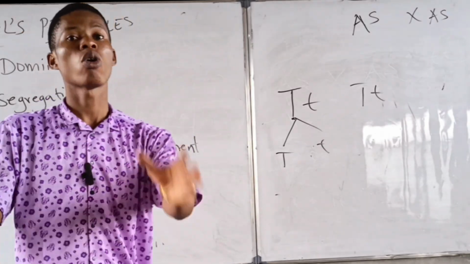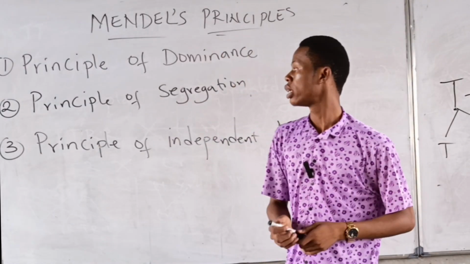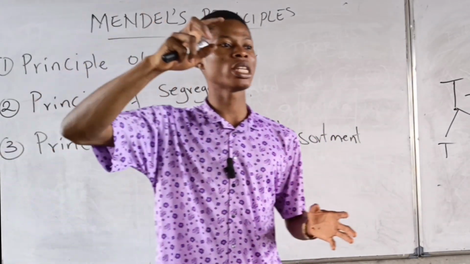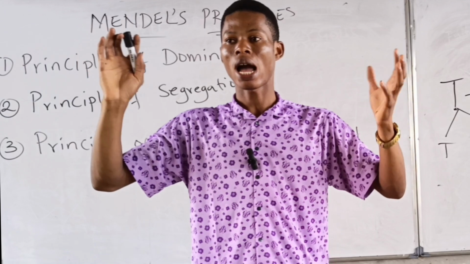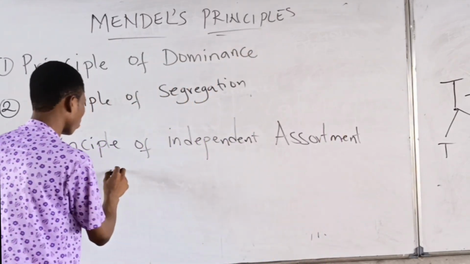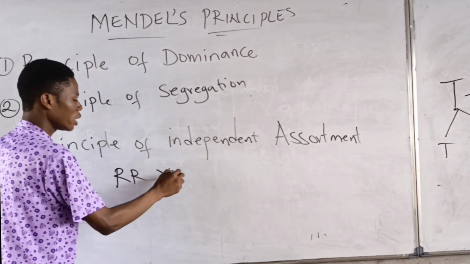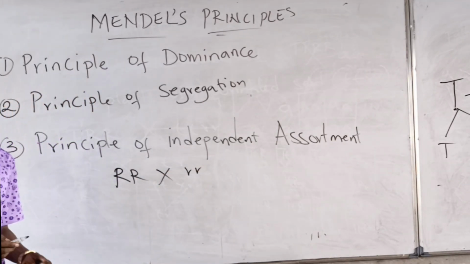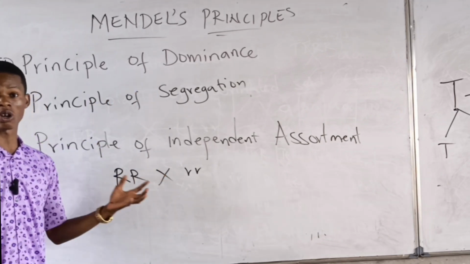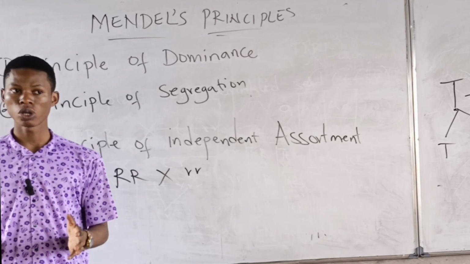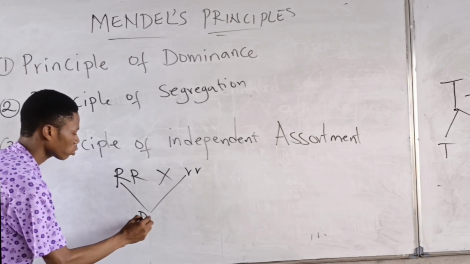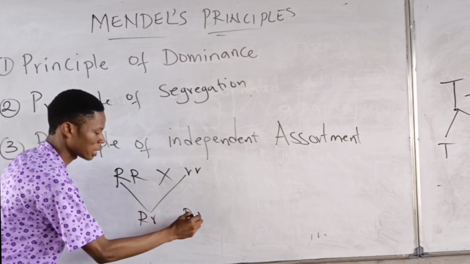Any questions so far? Now, the next thing we'll talk about is incomplete dominance and codominance. Now, incomplete dominance. We said dominance is the one that is showing forth, right? And recessive, the one that is masked. Now, if you cross a red plant with a white plant, you are supposed to have either all of them red, all of them white, or some red and some white, right? Good. But in this case, after crossing, of course, you are going to have all of them as this, right?